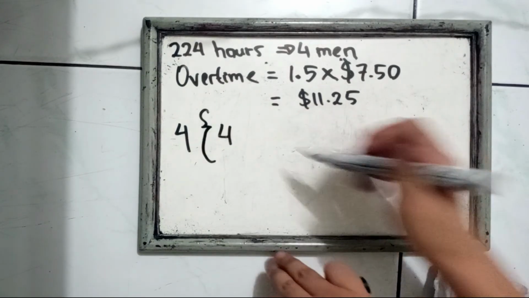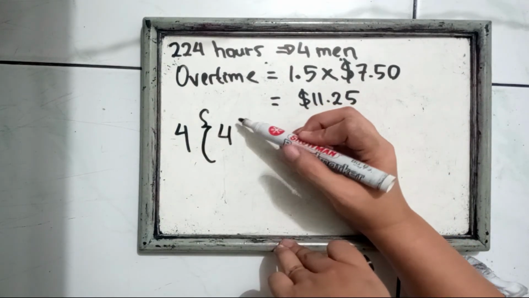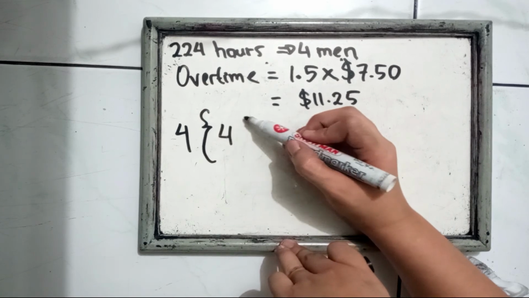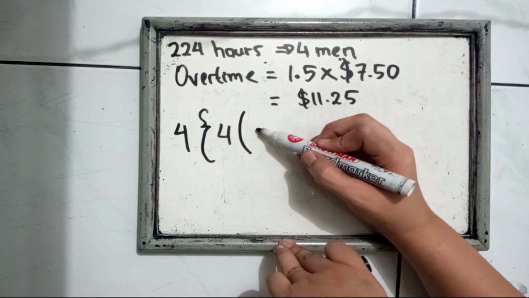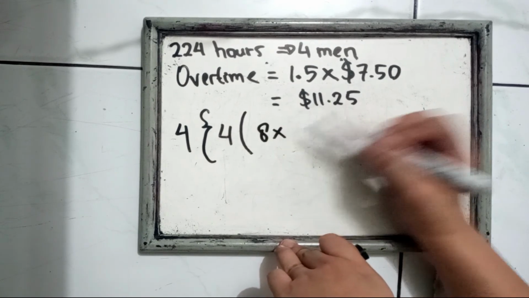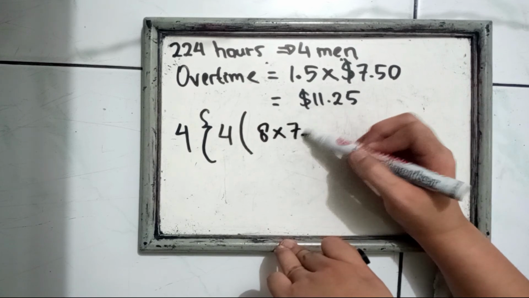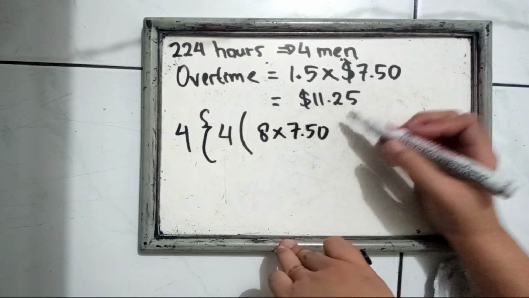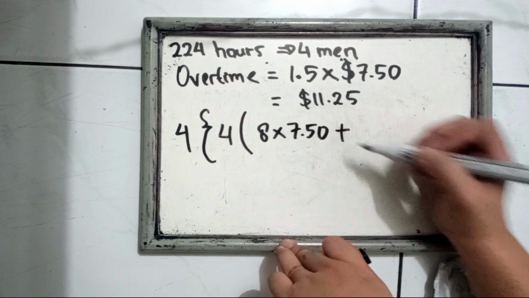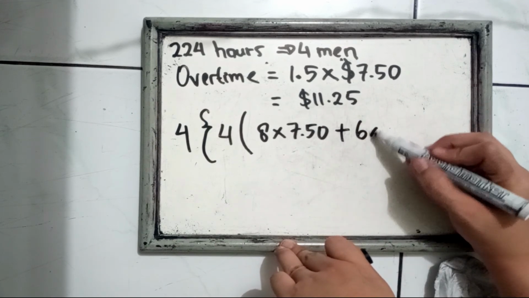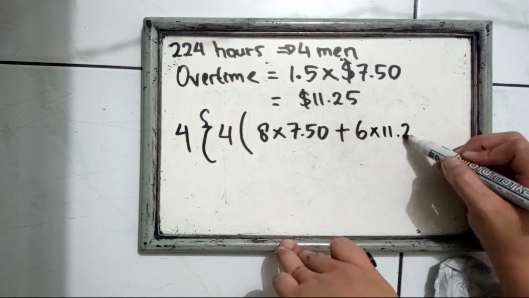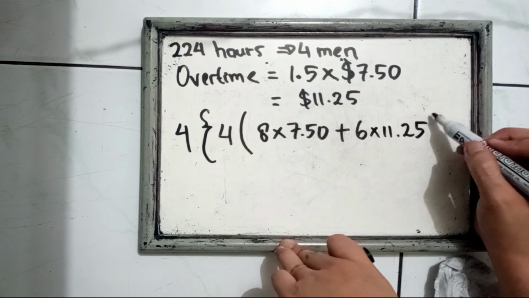These 4 workers, they will work 8 hours, not overtime. If 8 hours not overtime, it means they will be paid $7.50. And then they work for overtime 6 hours. Yeah, 6 hours times $11.25.